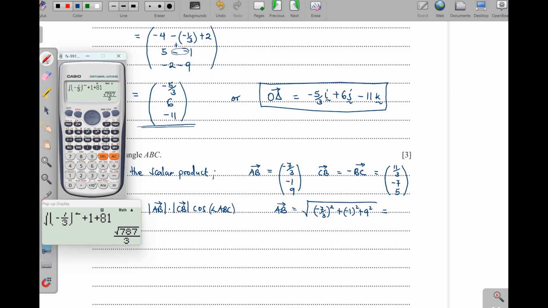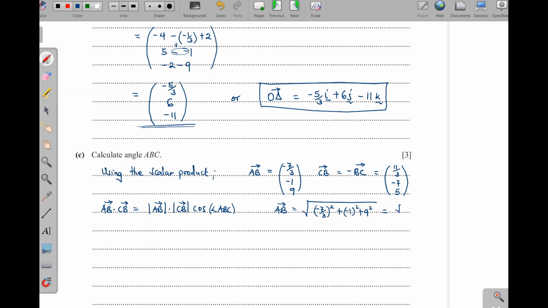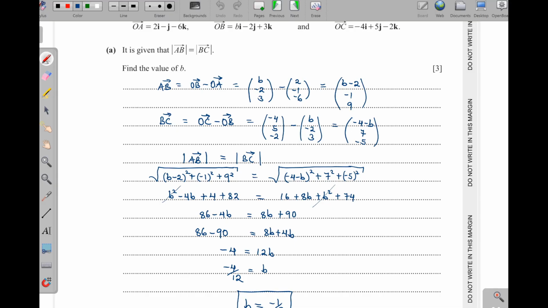That one is root of 787. Root of 787 out of 3. Now when we check here, they said that the length of AB is equal to the length of BC, which is the same as CB. Okay, so it is the same length.